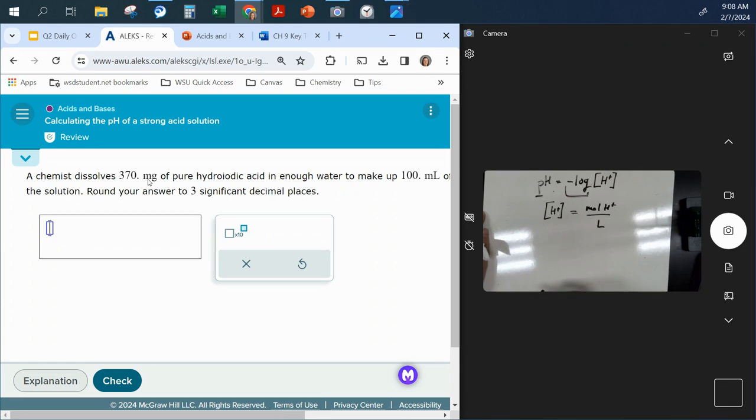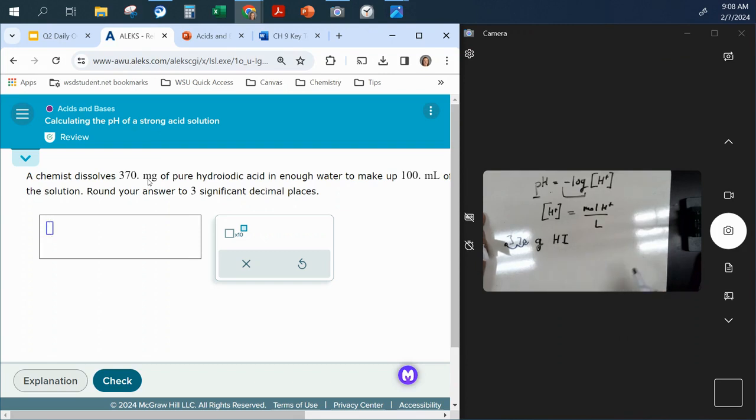Okay, so hydroiodic acid, that's HI. So we have 370 milligrams. I'm just going to convert that to grams, divide by 1,000. So 0.370 grams of hydroiodic acid.